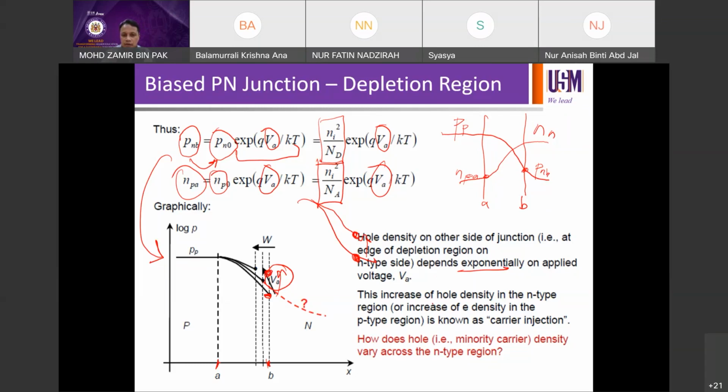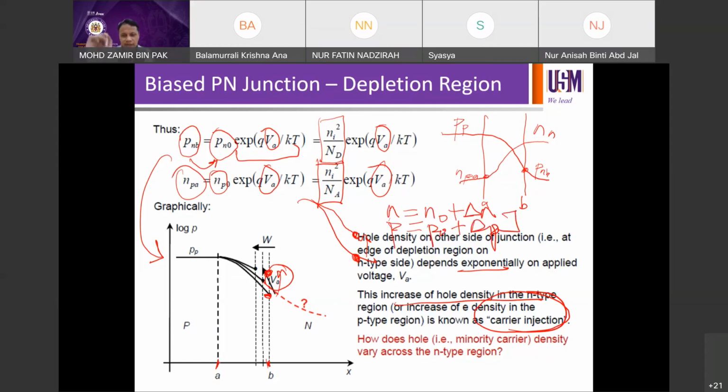So this increase of hole density in the n-type, which is a minority carrier, hole in n-type, or increase of electron density in the p-type, is known as carrier injection. So remember last time we talked about carrier injection when we discussed the equation of n equals n naught plus delta n and p equals p naught plus delta p.